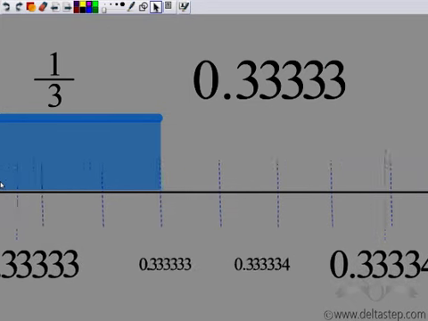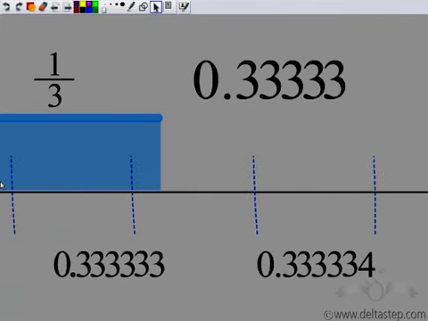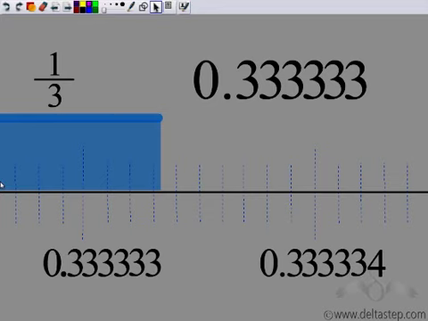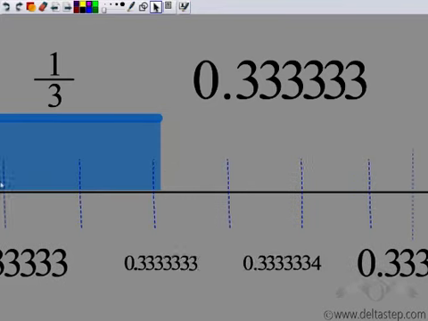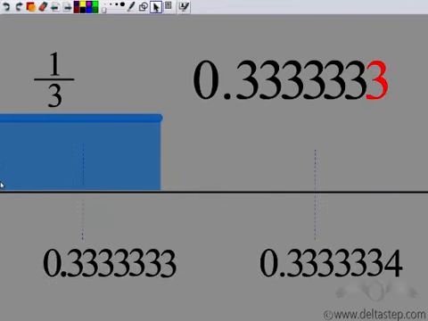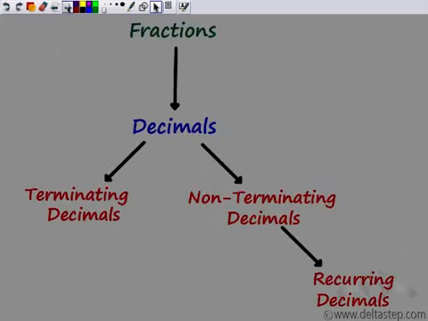It again comes back to 0.33333 and 0.33334. So what I see is that the digit 3 is being added again and again, but it does not fit perfectly into any division. So that's why I can say that 1 by 3 does not terminate. It does not fit perfectly into any division, even if I keep dividing again and again.